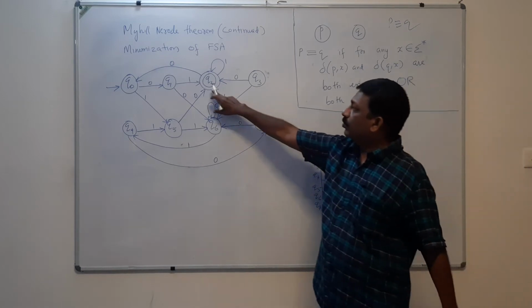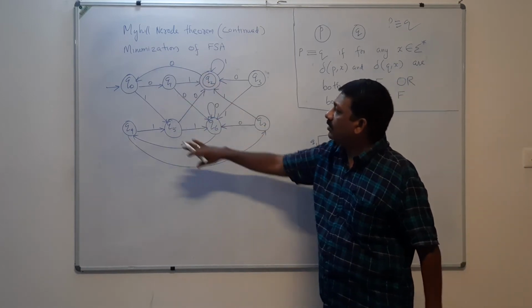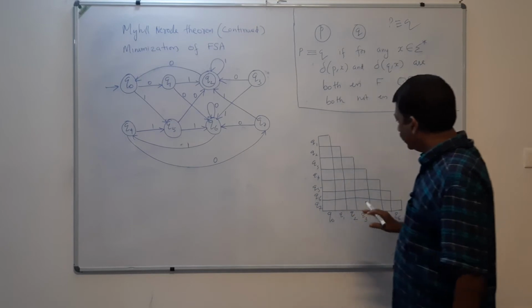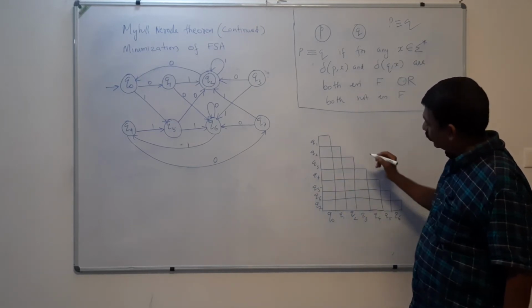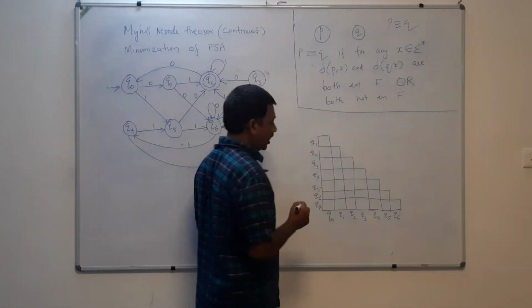Now Q2 is the one final state and all other states are non-final, so all the entries corresponding to Q2 have to be marked.